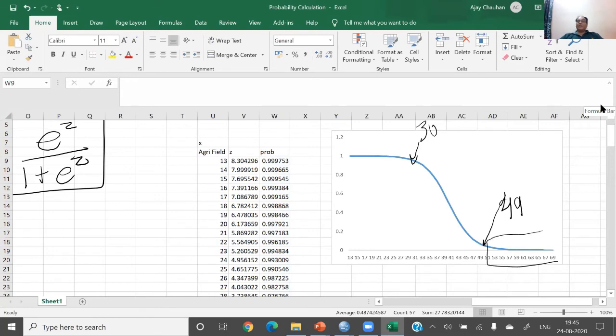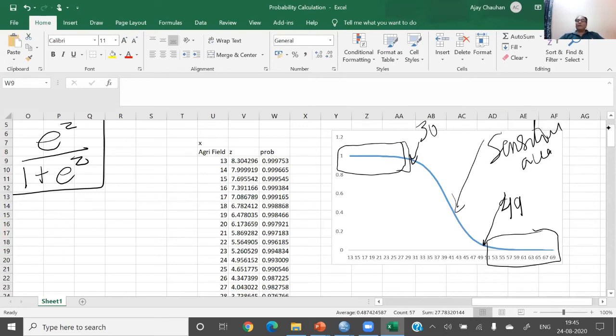Anybody who is having agriculture field less than 30, the chances of migration are very high. The most sensitive area that the government should target are those persons who are having agriculture field between 30 and 49. This is the most sensitive region where the migration is highly sensitive, right? So we should target this area for stopping or reducing the migration.